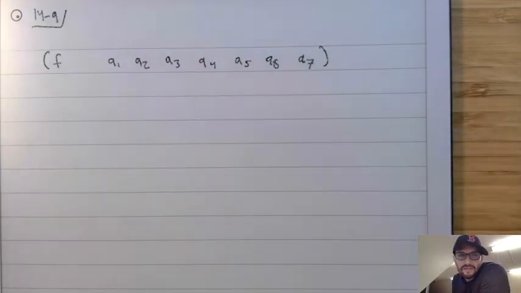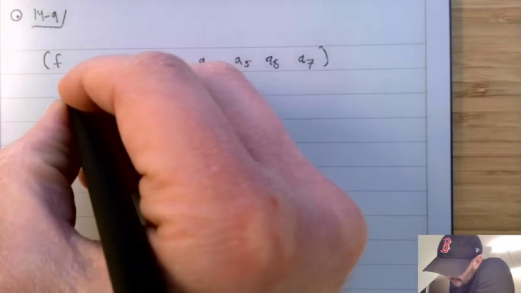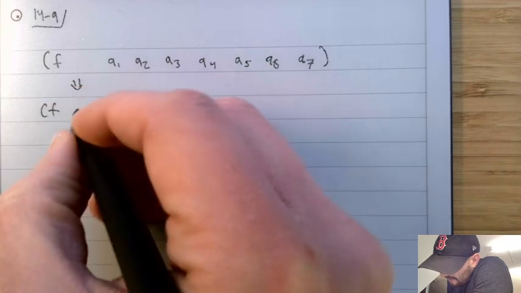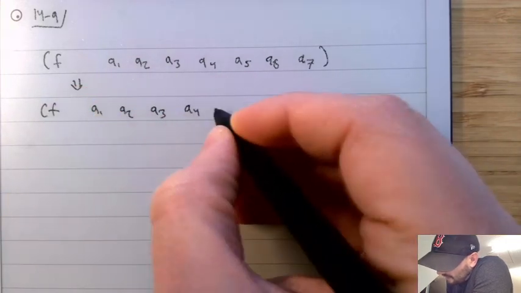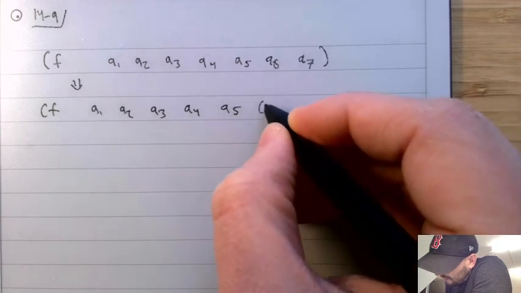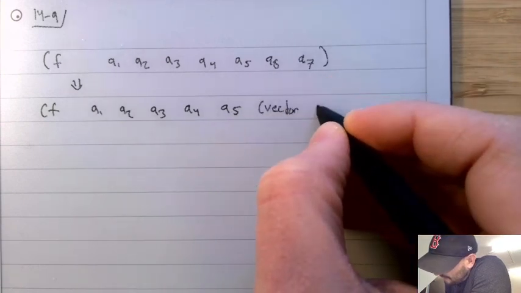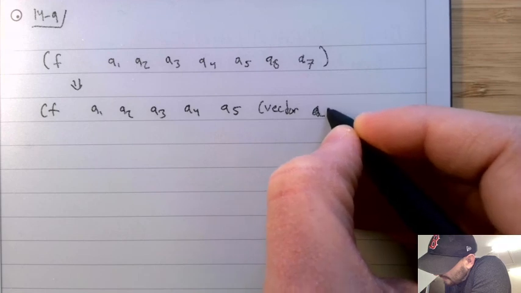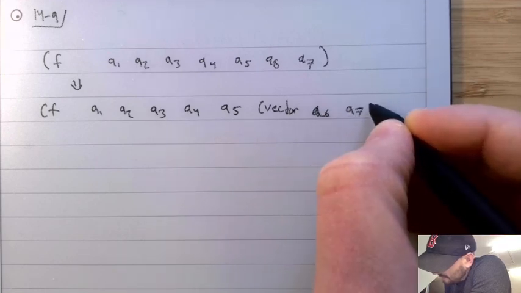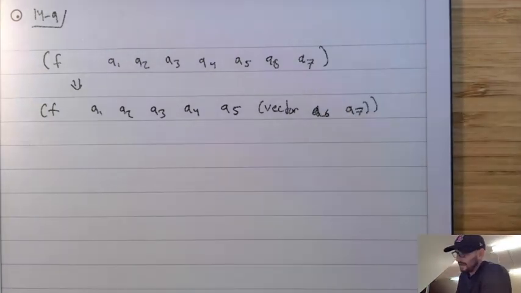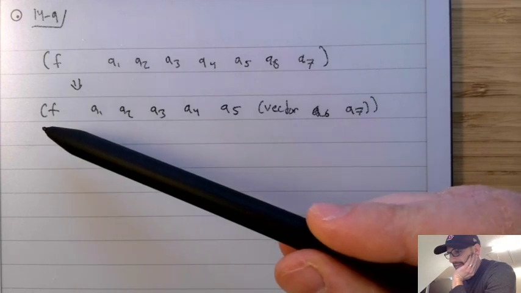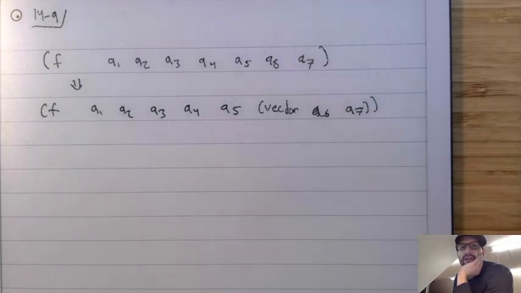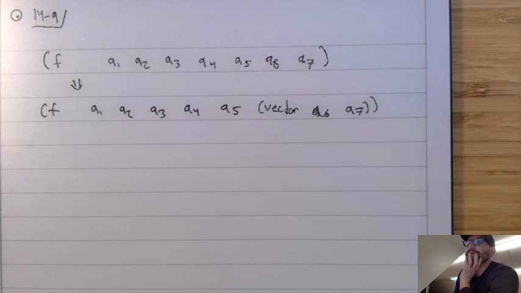Okay, so you're going to identify syntax like that, and you're going to turn it into f of argument 1, argument 2, argument 3, argument 4, argument 5, and then boom, wrap these in a vector, argument 6, and argument 7. All right, and so now what you've done is you've made it so that whatever function this ends up being, it now is obeying the correct form. And that's all we need to do.